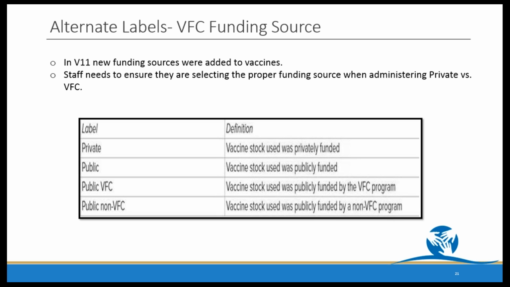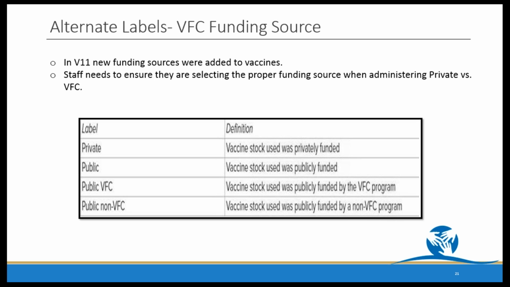And they're going to question, actually the other way, I'm sorry. If you put that they were VFC, you gave them VFC stock, but it actually came from a private, this child was insured, Florida Shots is now tracking all of that.